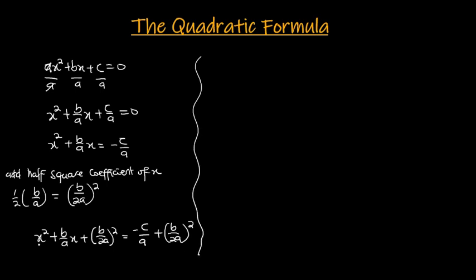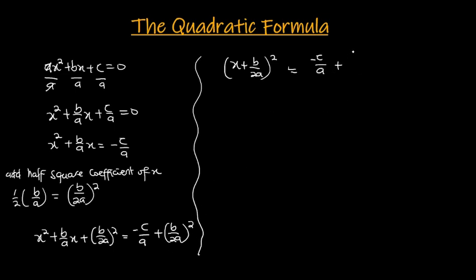From here, this is a perfect square, so we can rewrite it as x plus b on 2a all squared. If you expand this, you get the expression that you have over here. So this is now equal to minus c on a plus this.